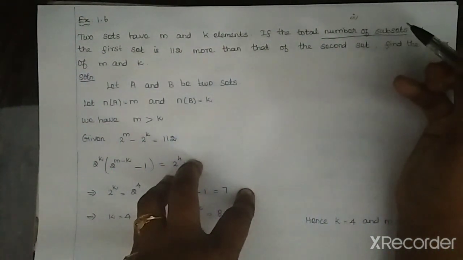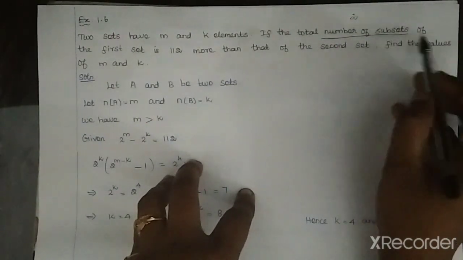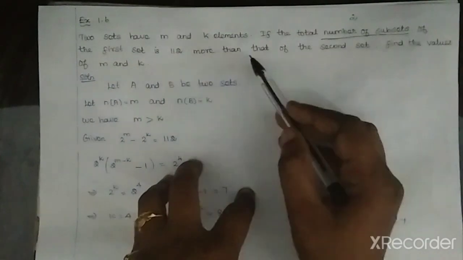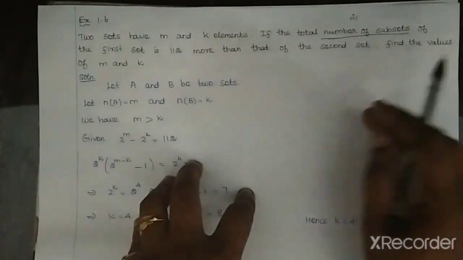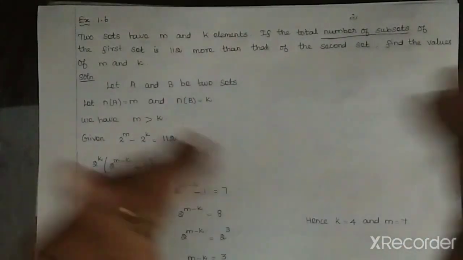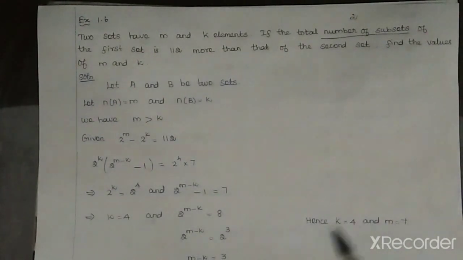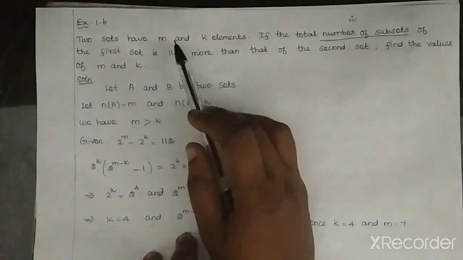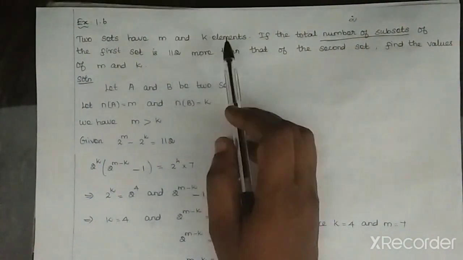The number of subsets of the first set is 112 more than that of the second set. That means the first set has more subsets than the second set. So find the values of m and k.